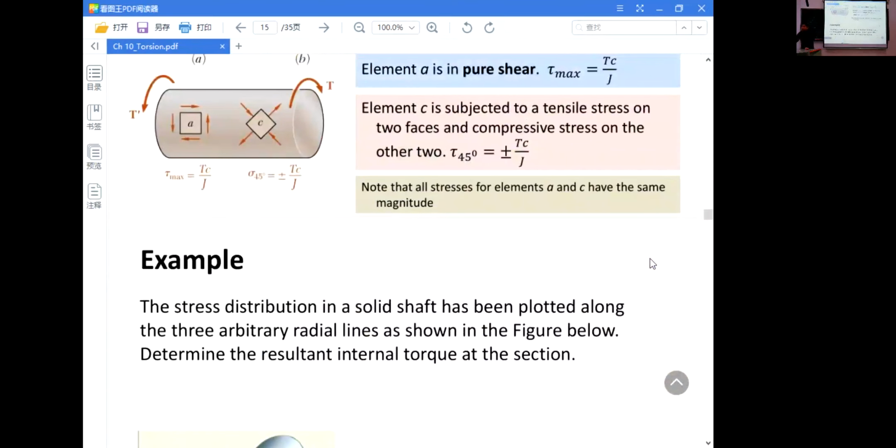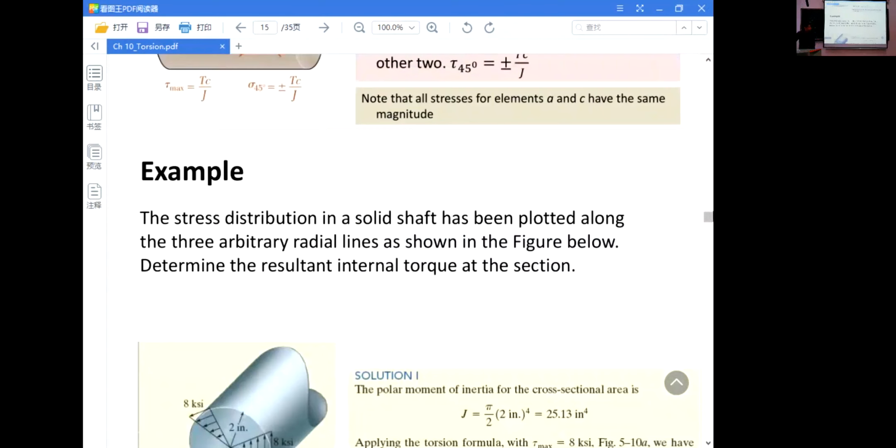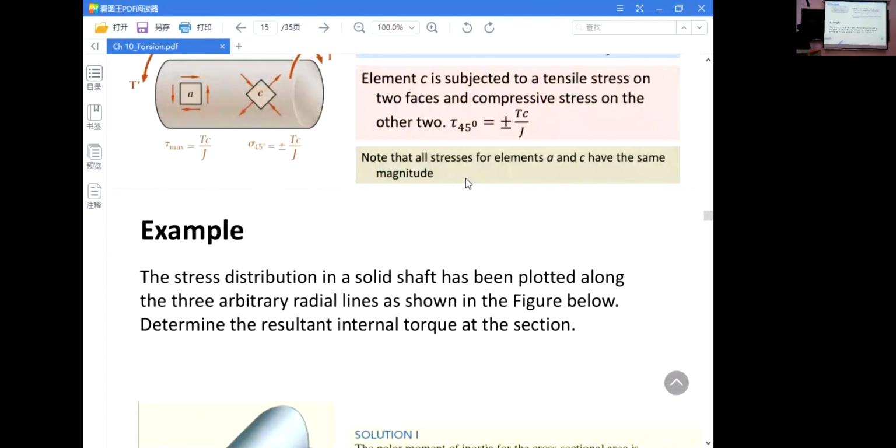Then we can do exercises. Suppose here is an example. After I introduced the equation, for a given cross section, the distribution of shear stress, we will know it.